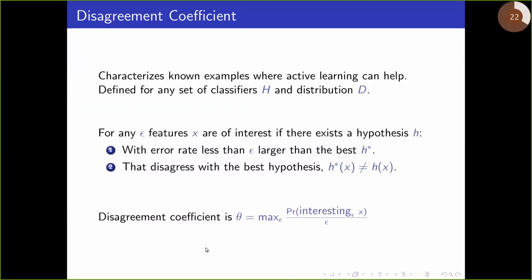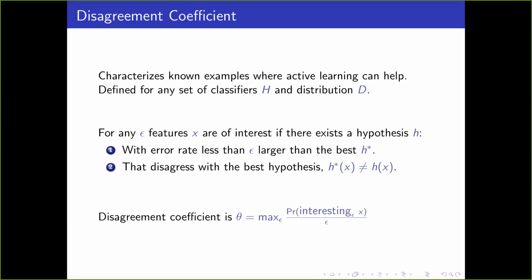Okay, so the disagreement coefficient is the worst case over any given epsilon of this quantity when you divide by epsilon. So it is the probability that an x has a disagreement within a region epsilon, all divided by epsilon. As epsilon gets smaller and smaller, the probability of disagreement gets smaller and smaller, so you need to divide by epsilon so that you get something which doesn't go to zero, right?